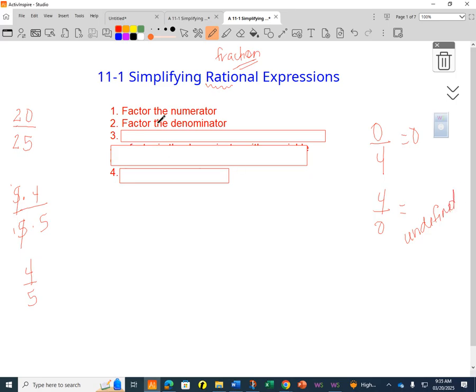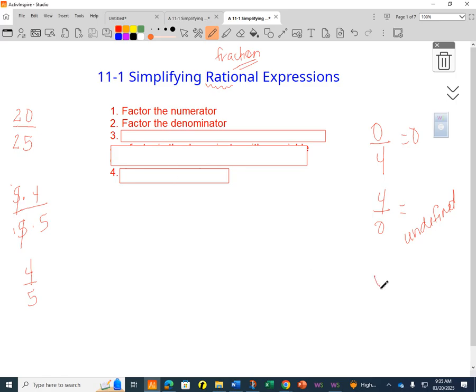So when we're simplifying these fractions that have variables in the denominator, we're going to use a strategy like when we solve quadratic equations. We set those factors equal to 0 and solve to find the x values, right? Here, we're going to be setting the factors of the denominator equal to 0 to determine what numbers cannot go in there. So I'm going to give you an example.